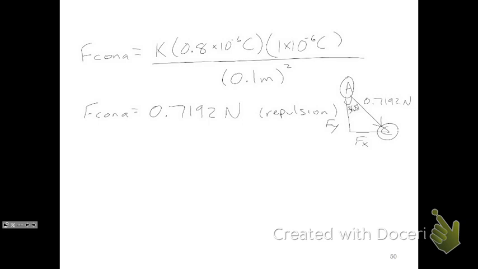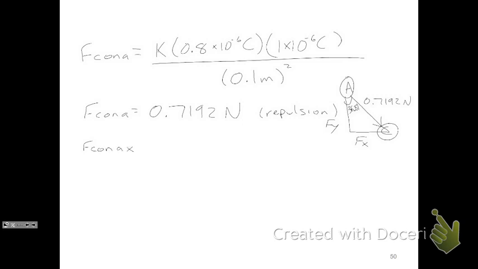Now we can find F of x and F of y. So just kind of like what we were doing in our first unit, right? We need to do horizontal and vertical components, right? Because this one is not horizontal and vertical, it's at an angle.